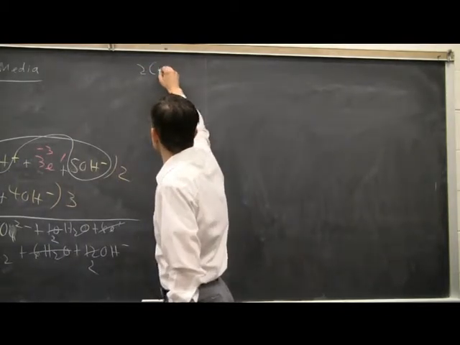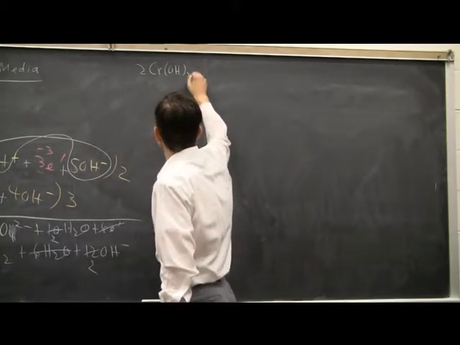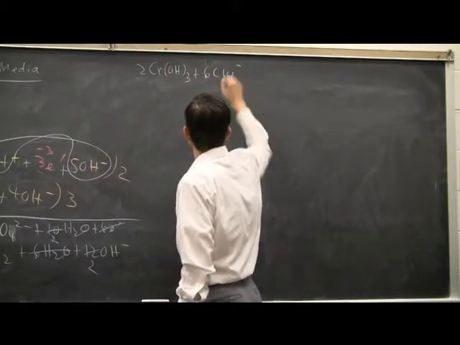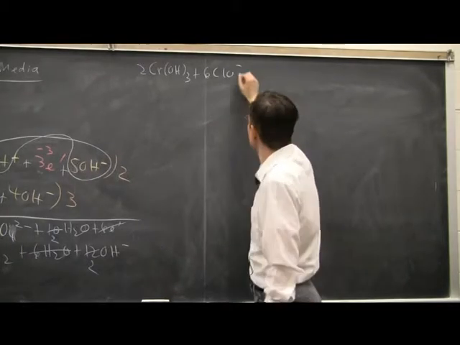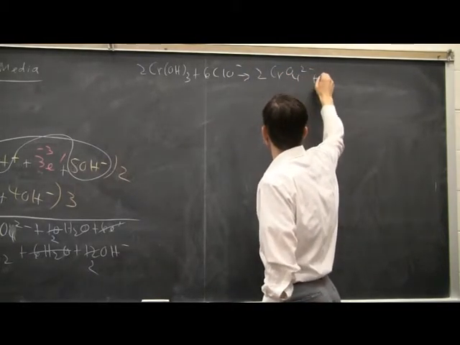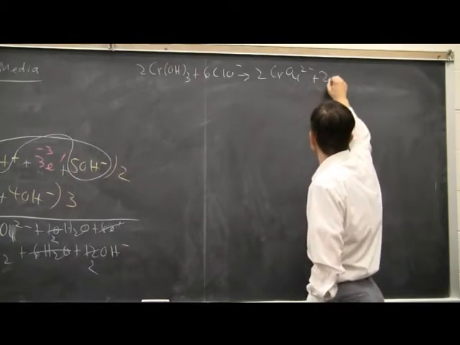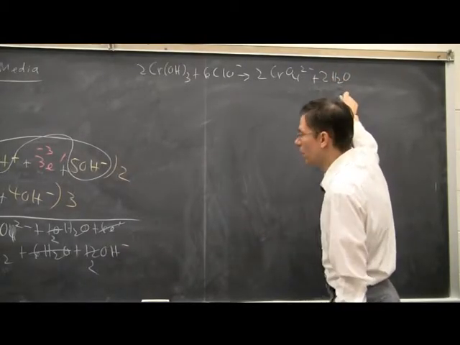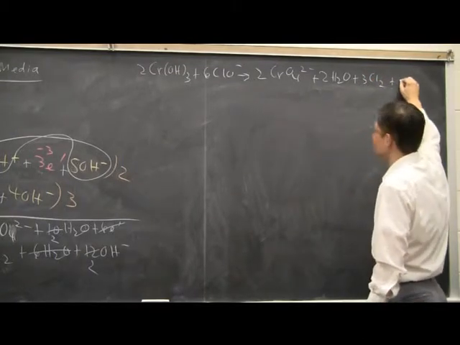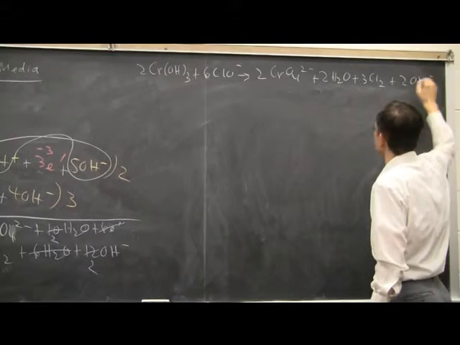So we have 2 CrOH3 plus 6 ClO minus goes to 2 CrO4 2 minus plus 2 waters, 3 chlorines, and 2 OH minus.